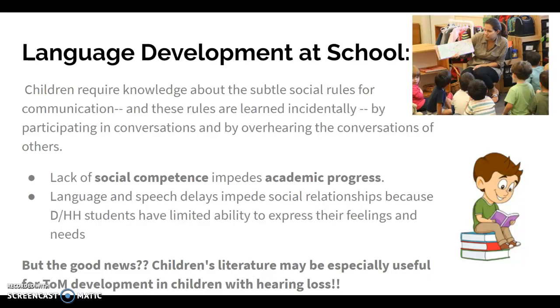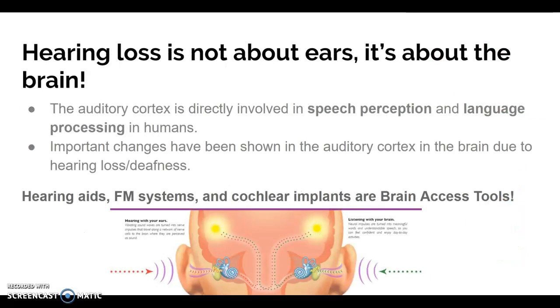The good news for that is read alouds and children's literature research has shown that this is helpful for children with hearing loss to put themselves in other people's shoes. So if they do have a language delay, they were implanted later in life, it's really important that we just saturate them with literacy, and then that way they might be able to make up in academic progress.